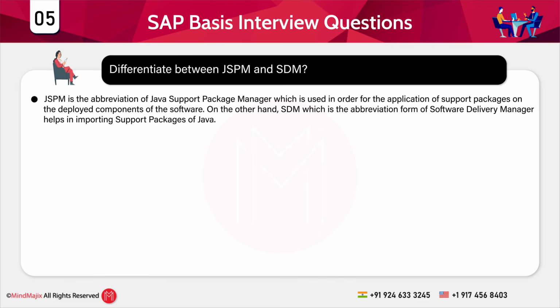To deploy the packages, JSPM often uses SDM. Now if you talk about SDM, SDM is the abbreviation of Software Delivery Manager, which helps in importing support packages of Java. This is also used for deploying software packages and also used to manage them. These packages are said to be received from SAP.